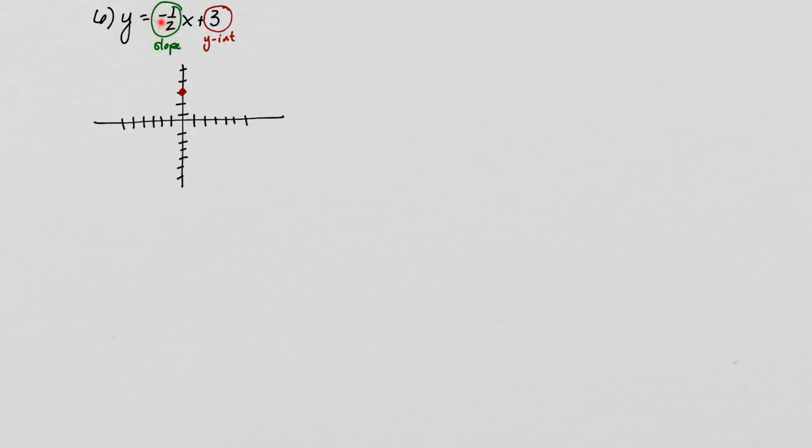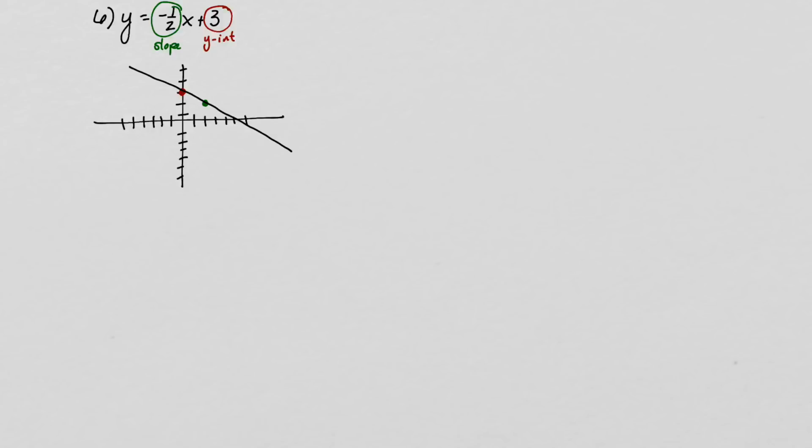If the slope was positive, we would go up first. So negative slope, so we're going to go down 1, and then to the right 2. No matter whether you go up or down, you're always going to go to the right. So down 1, right 2, and I'm going to put another dot there. We'll make that dot green since it's the slope dot. And then all I'm going to do is connect these two dots to make my line.